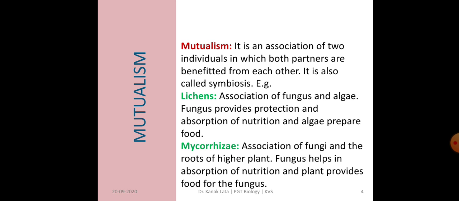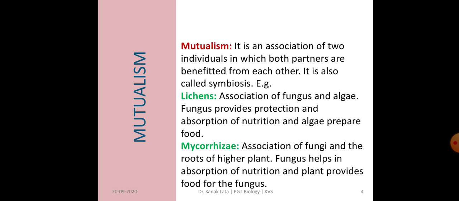In lichen, algae prepare food, being autotrophs, and fungi provide protection and absorption of nutrition. Why? Because fungus is a non-green plant. They don't have chlorophyll, so they protect the algae and also help in absorption of nutrition. So it is a mutual relationship.